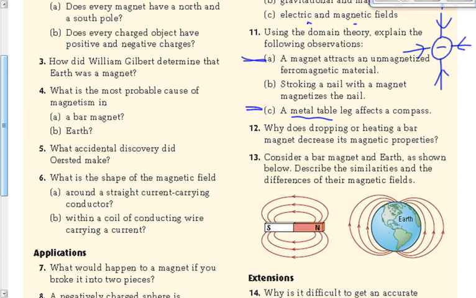An analogy here, not a literal thing: if you get a bunch of people lined up to go to a concert, and you put a whole bunch of kinetic energy into that lineup, maybe it's really hot, or maybe there's a loud noise and people start scattering, moving all over the place. When you add kinetic energy to that line, it's no longer as good or as straight a line. It scrambles things. And that's why dropping a magnet or heating a magnet scrambles the domains and takes away, at least to some degree, the magnetic effect.